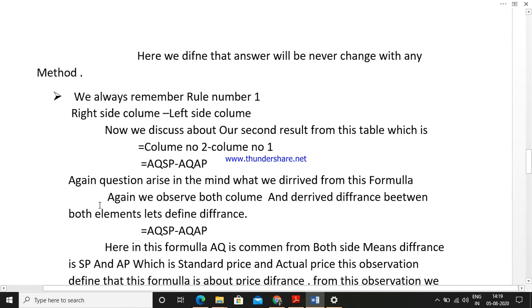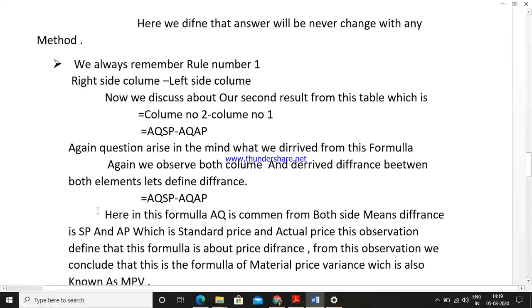Again, we observe both columns and derive the difference between both elements. AQSP minus AQAP. Here in this formula, AQ is common on both sides, means the difference is in SP and AP, which is standard price and actual price. This observation defines that this formula is about price difference.